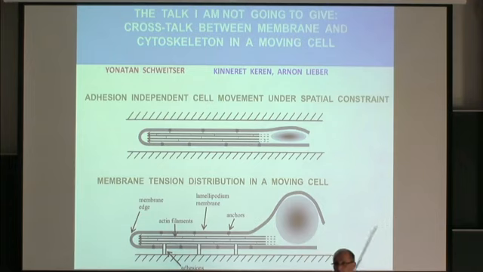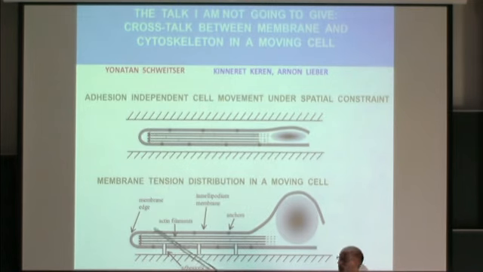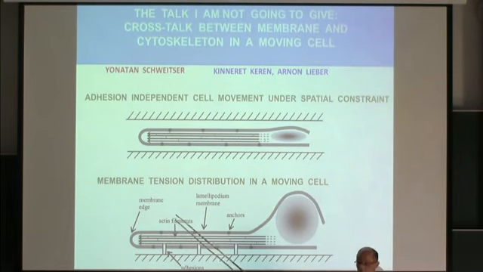So we did it, and as a byproduct, or maybe a product of the same calculation, we were able to calculate the tension in the membrane generated by these anchors moving retrogradely together with the actin cytoskeleton. We were able to show that in a fluid membrane, because of this motion, the tension is inhomogeneous.